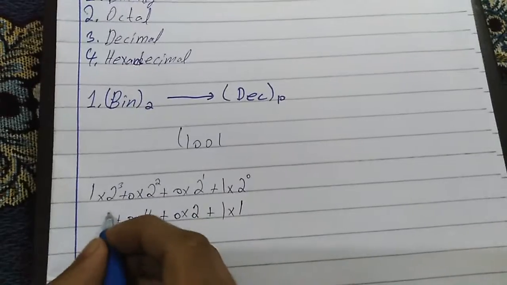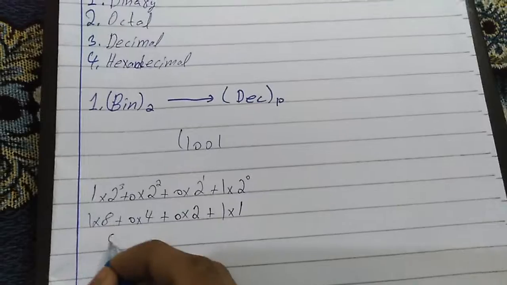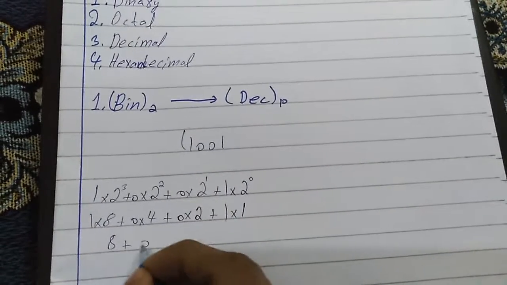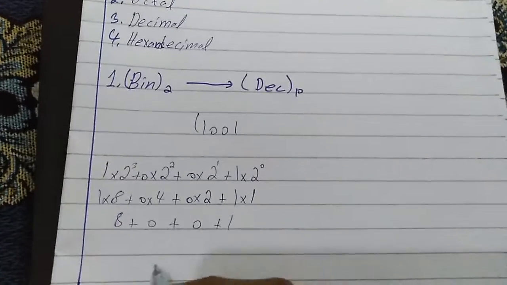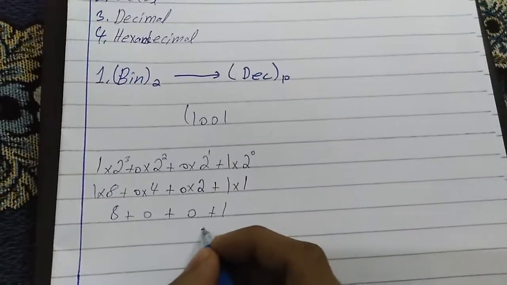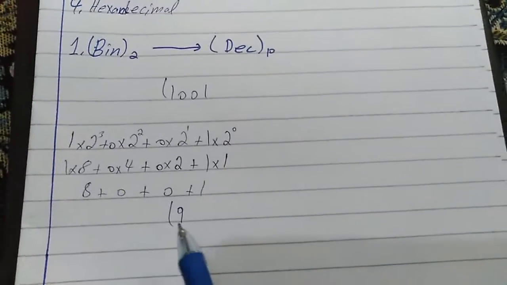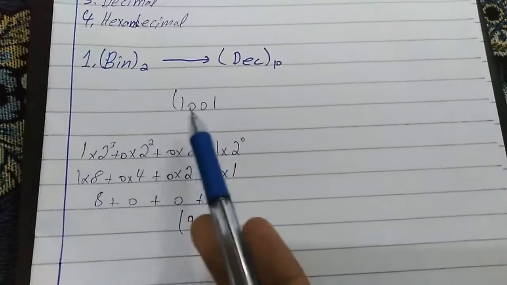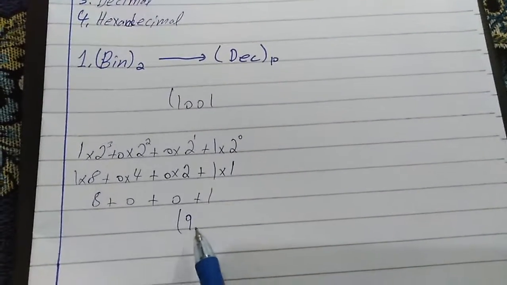Plus 2 cube, it's 8, into 1, it's 8. Like 8 plus 0 plus 0 plus 1. 8 plus 1 will become 9. It is simply seen that this binary number is equivalent to 9 in the decimal number system.